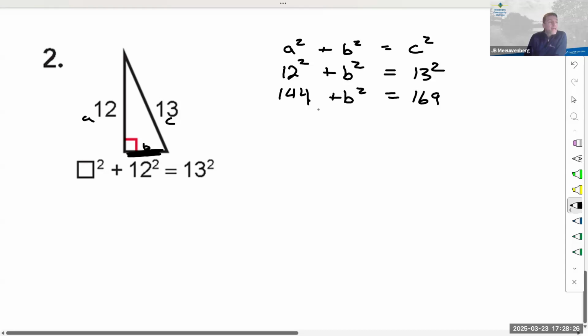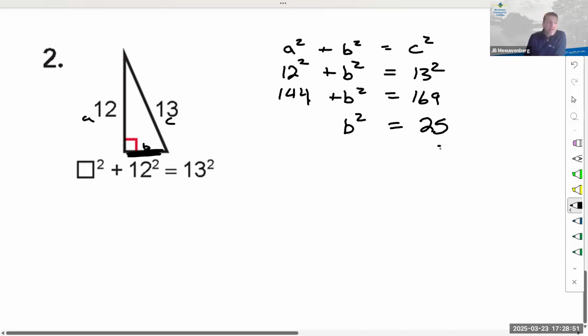Now, if 144 plus B squared equals 169, then B squared must be equal to 169 minus 144. And that leaves us with 25. Again, 144 plus something equals 169, and that something would be the number 25, which means B squared equals 25.